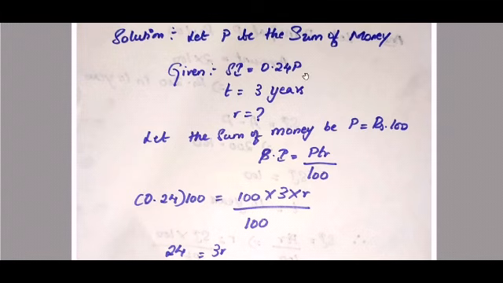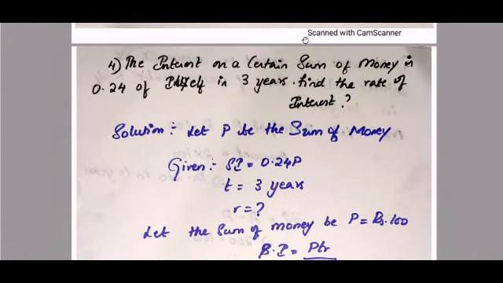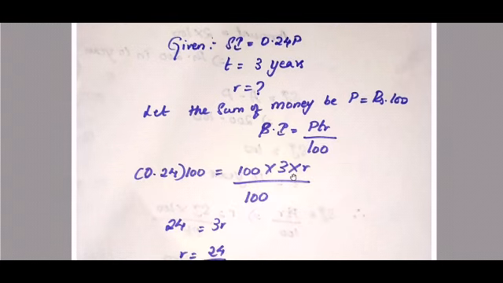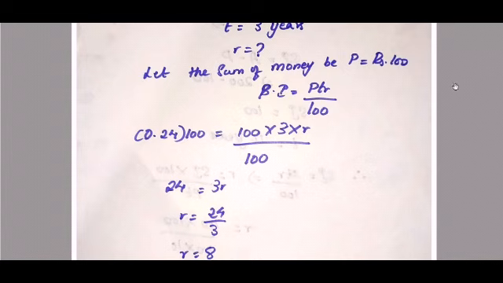So 0.24 of principal means it is 0.24 on the principal amount. So let the sum of money be principal, which is equal to rupees 100. We assume it to be 100. Simple interest is equal to PTR by 100.